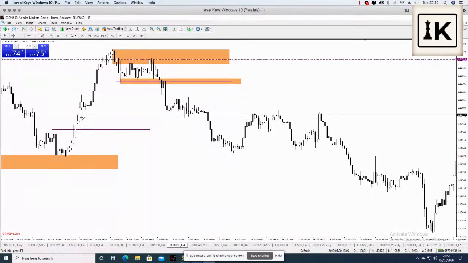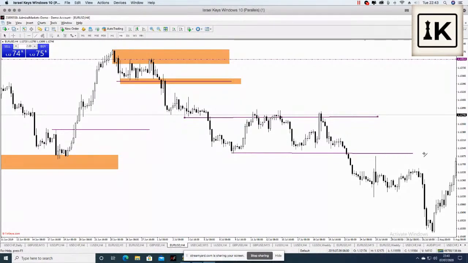Another low violated. Price comes back. Another fair value gap respected. 1, 2, 3.